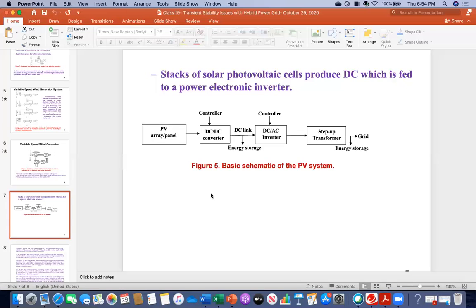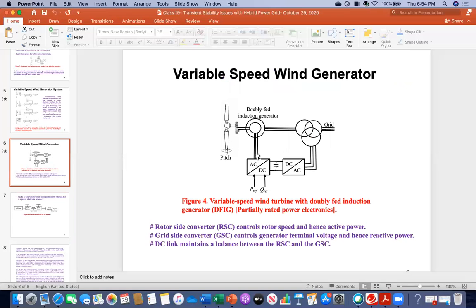Why am I asking this question? What is the reason? When we have this type of machine, because there is the shaft, whenever there is any fault on the system, not only the terminal voltage and power are affected, because the impact goes until the shaft speed.